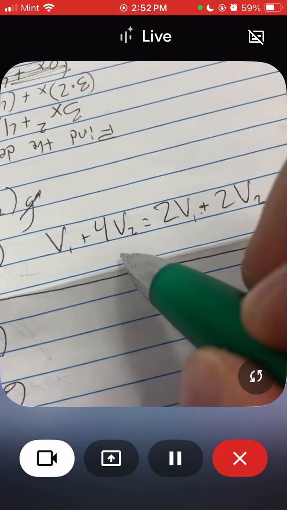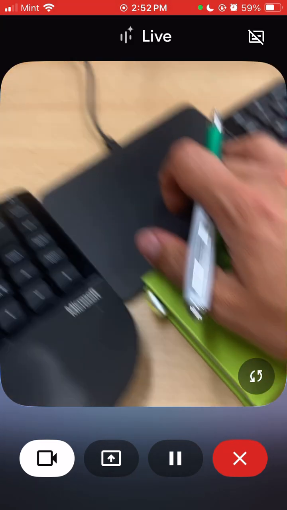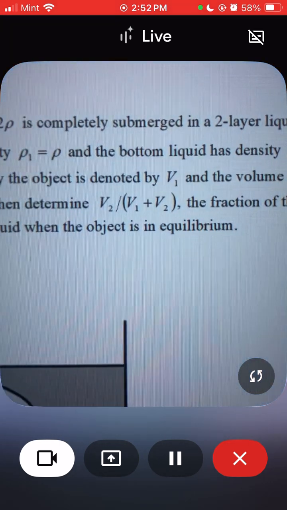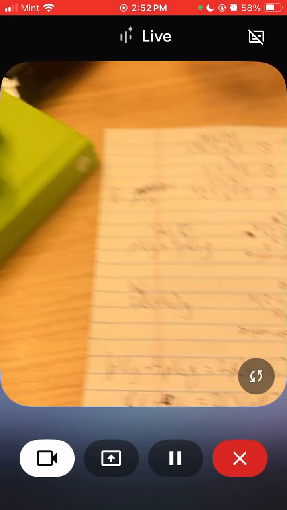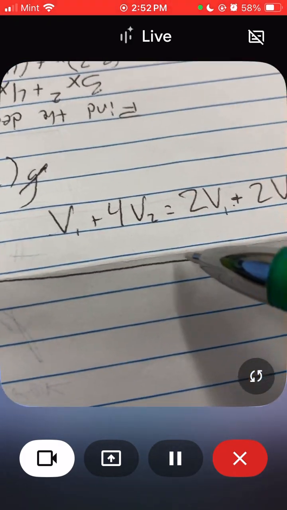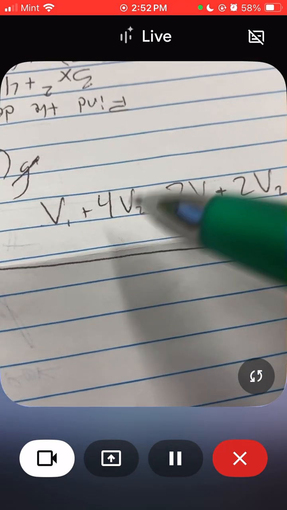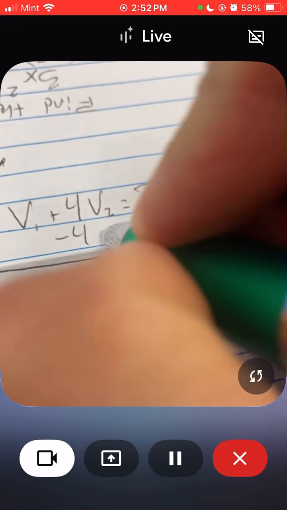And then we got here, but wait, we're looking for V2, whoops. We're looking for V2 over V1 plus V2. So I can't really see, if we subtract, I'm gonna just try this out.